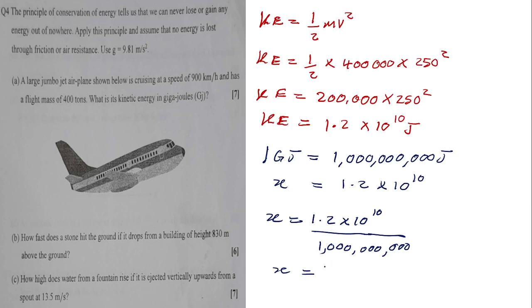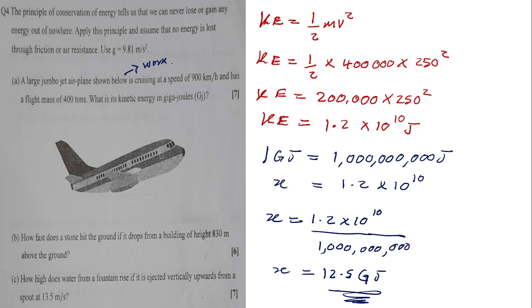So what you're going to have is simply 12.5 gigajoules. So 12.5 gigajoules was the final answer for this particular question. So this is how easy this question was.